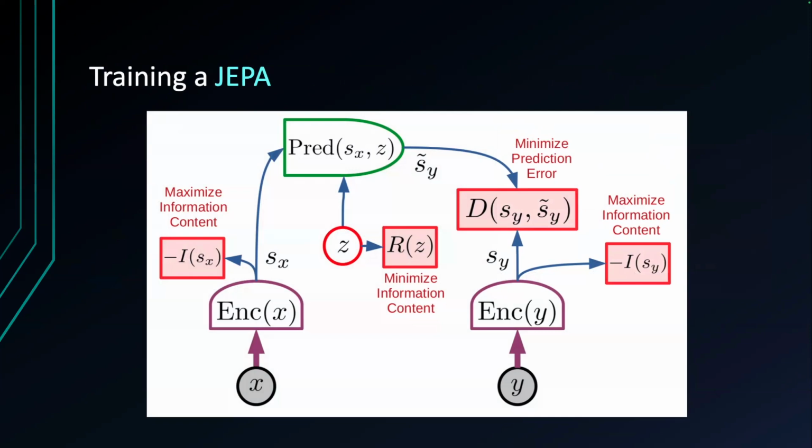So now let's come to how you train a JEPA. What you want to do is have four criteria. The first thing is that you want to maximize the information content of the encoding that you will get out of the X encoder. Second is to maximize the information content of the Y encoder. And you have to minimize the prediction error right there.